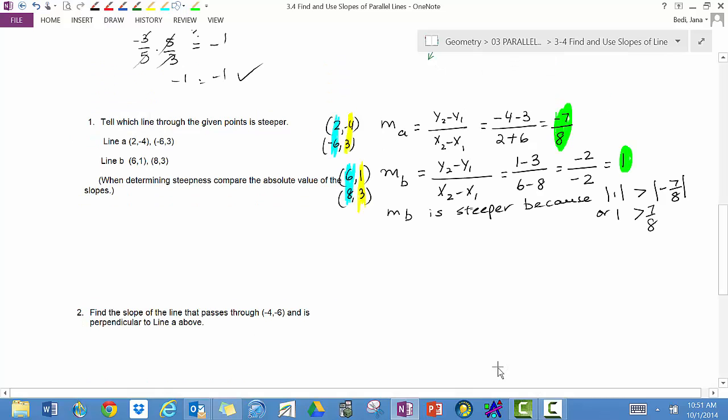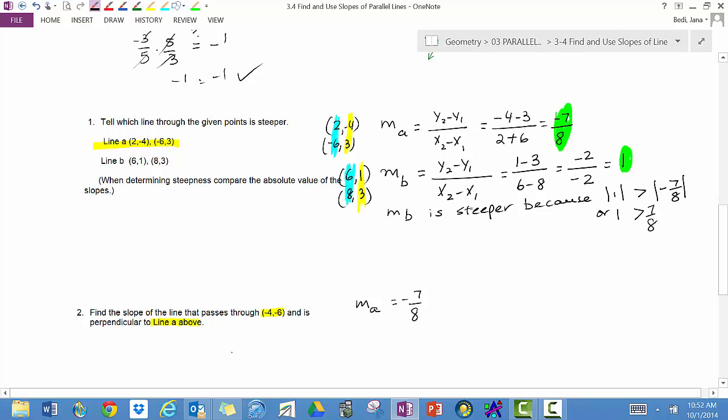Okay, number 2 asks us to find the slope of the line that passes through the point -4, 6 and is perpendicular to line A above. So line A above is this line, and luckily for us we already know the slope of line A, and it is -7 over 8.